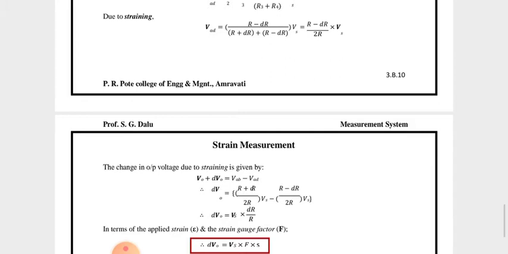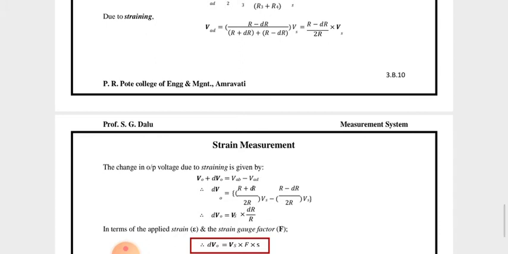So dVO equals Vs into dr by R, is it? Taking Vs as common, the denominator 2R is the same, so plus dr and minus dr will cancel out?